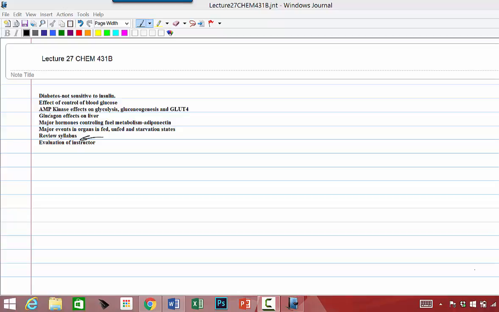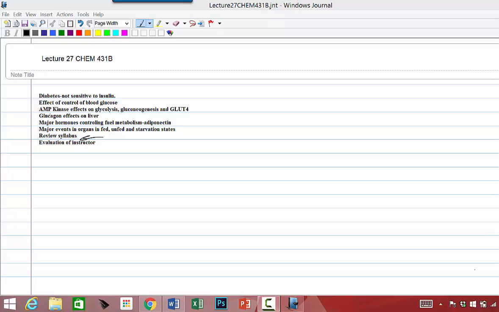And then after a meal, the fatty acids are taken to the heart, and we're going to go through beta oxidation. What is the carbon product of beta oxidation? Remember, the carbon product of beta oxidation.